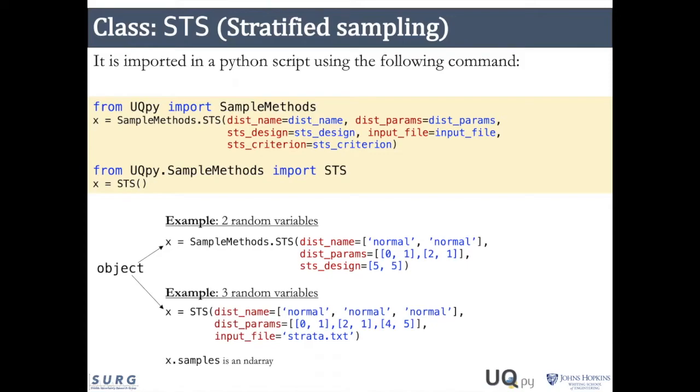In this example, we are using a two-dimensional case where we have 2 normal distributions, one with mean 0 and variance 1, and another with mean 2 and variance 1. And as STS design, we are sending a list which breaks each dimension into 5 groups and creates 25 strata. In the second case, you can see it's a 3-dimensional case, and you can define an input file and use it.